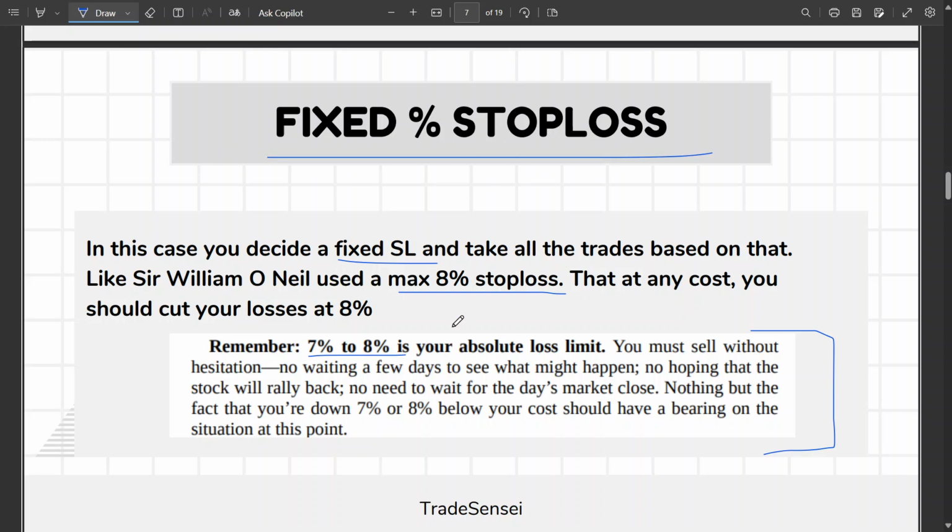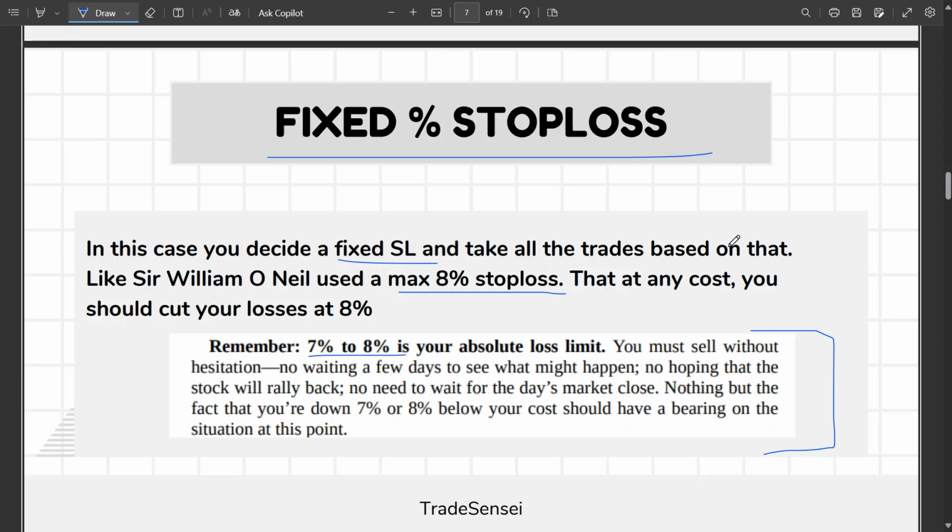You define a simple percentage for your stop loss. That could be the percentage of your position size, and it could be the percentage of your portfolio as well, right? What is the difference between these two? Let's say you typically take a trade with a 20% position size.